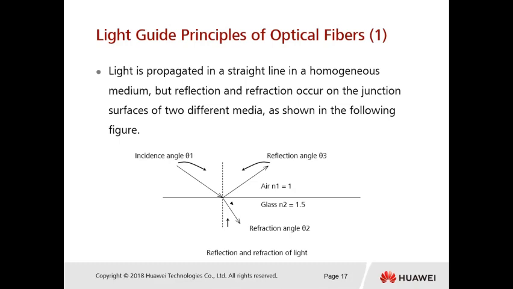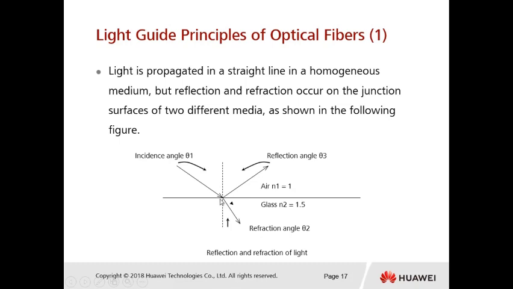But our light can transmit bidirectionally. So what happens if the light transmits from the glass to the air? I think it goes this way.